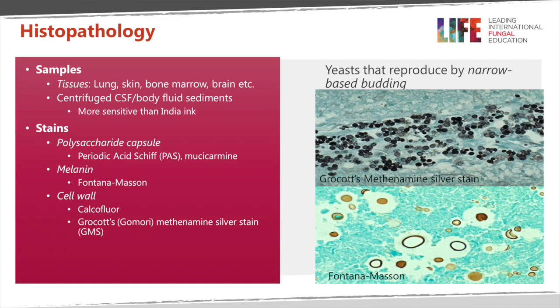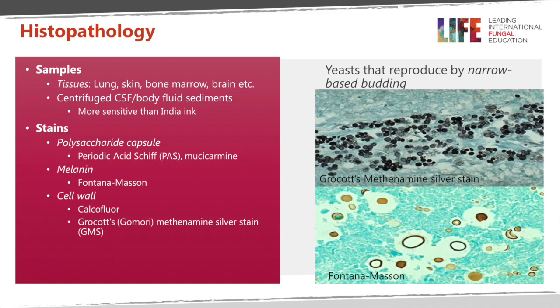Turning now to histopathology, because of the presence of this capsule surrounding the yeast, you can, in many instances, recognize the presence of Cryptococcus in histopathological sections. So various tissue types, including pulmonary tissue, skin, bone marrow, etc., or centrifuged CSF samples or body fluid sediments can be used, and a variety of stains to really show the presence of this organism, either to show the presence of the capsule or to show the presence of the melanin in the cell wall of the organism.